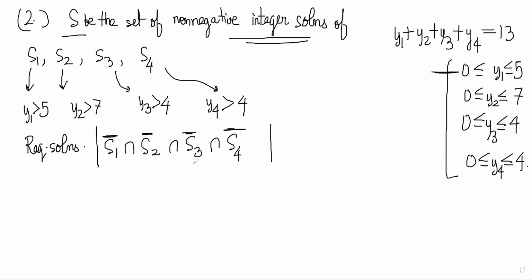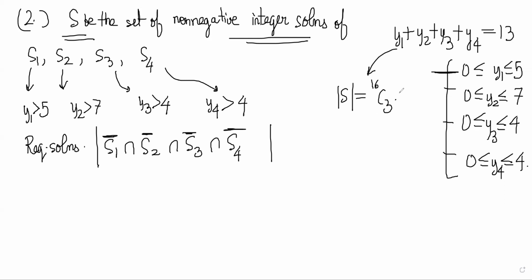So that is a standard expression for inclusion and exclusion. Now we'll do the actual counting of the different cases. The basic equation, mod S without any restrictions, the universal set, without worrying about these cases, will be basically (13 plus 3) C 3, that is 16C3, right?